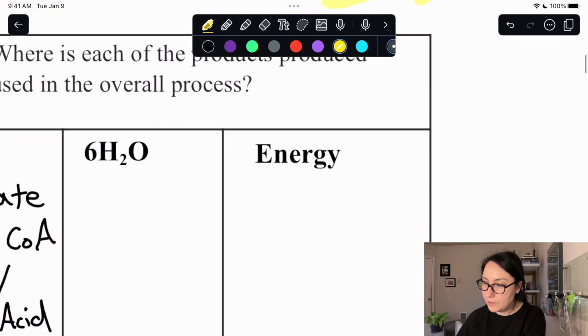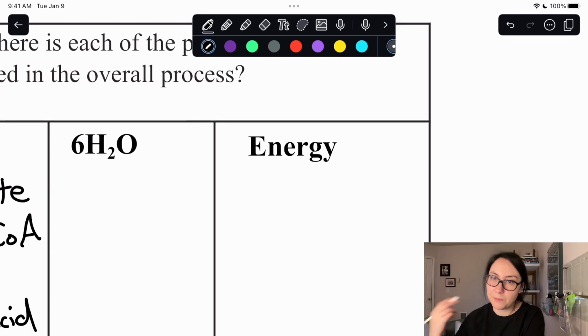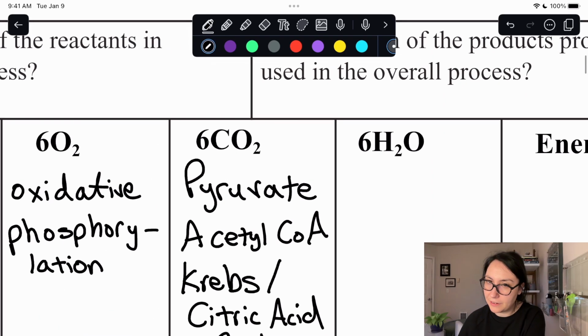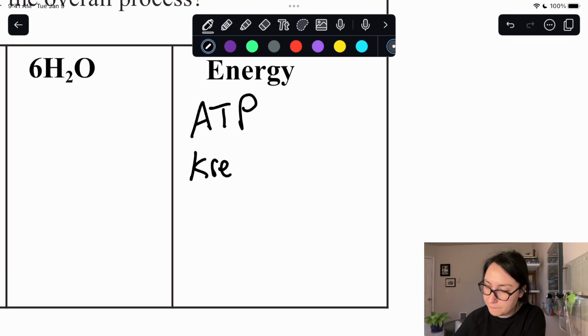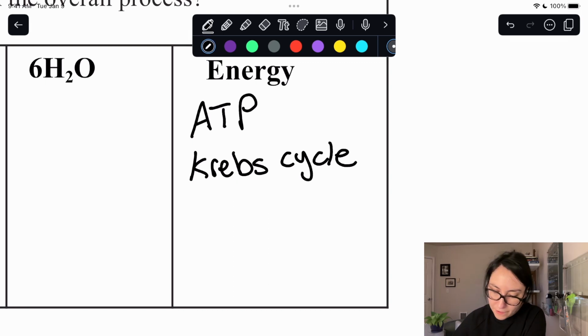So your energy, again, is a product from those reactants that you had earlier. Your energy is going to be seen in ATP. Your energy is going to be also seen in your Krebs cycle. You're also going to see it in glycolysis as well.